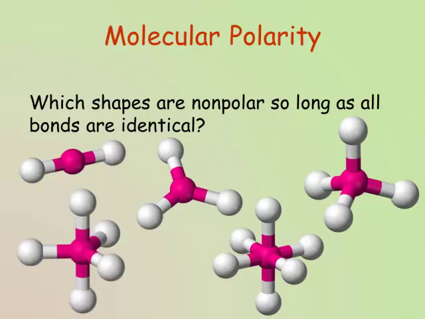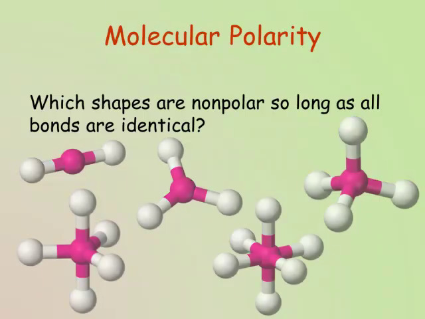The geometry that sometimes causes people trouble is the trigonal bipyramidal geometry. It will help to think of it as a combination of a linear and a trigonal planar geometry. The axial bond polarities can cancel, just like in a linear molecule, and the equatorial bond polarities can cancel, like in a trigonal planar molecule.